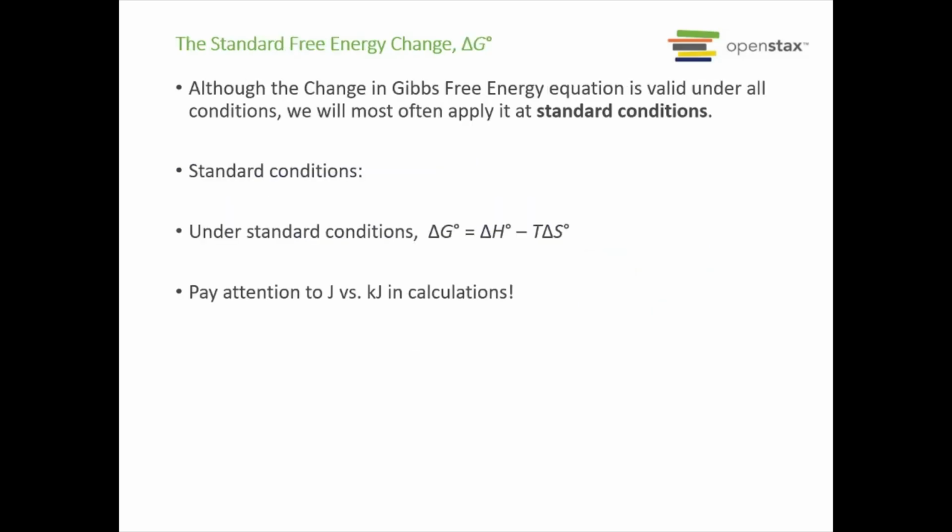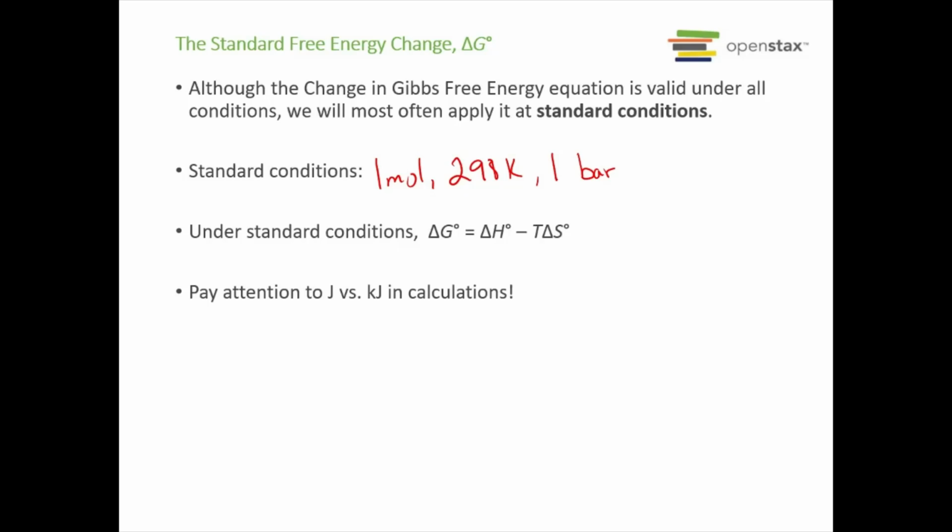All right, so although the change in Gibbs free energy is valid under all conditions, a lot of times we tend to use it at standard conditions. And when you do this, you can use your appendix in your book to get some standard values. So at standard conditions, these are assuming 1 mole, 298 Kelvin, and 1 bar for pressure, I believe.